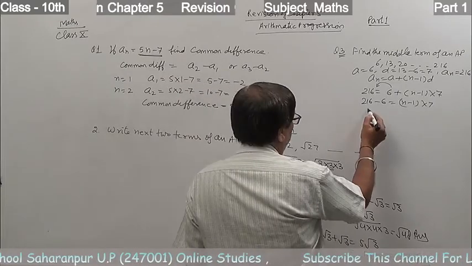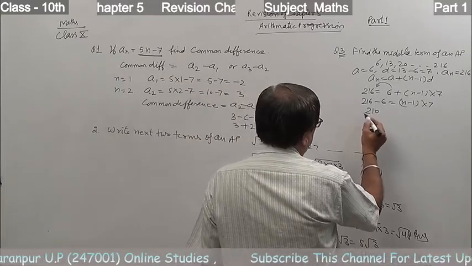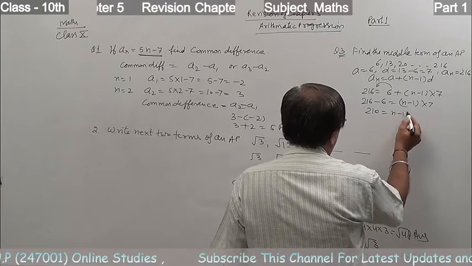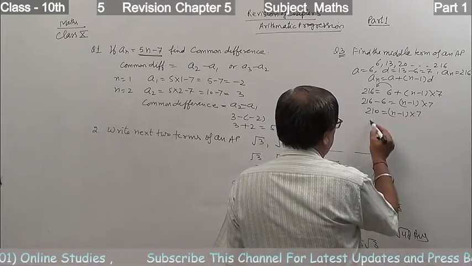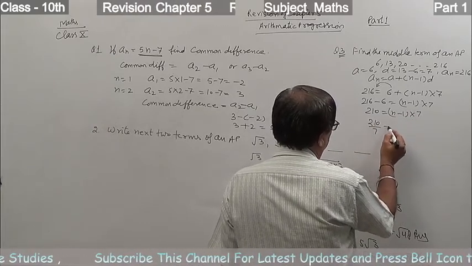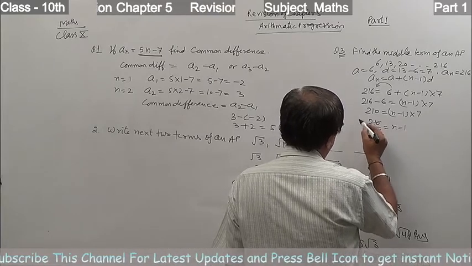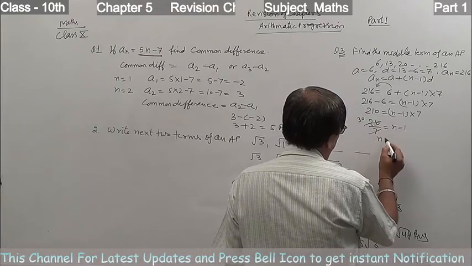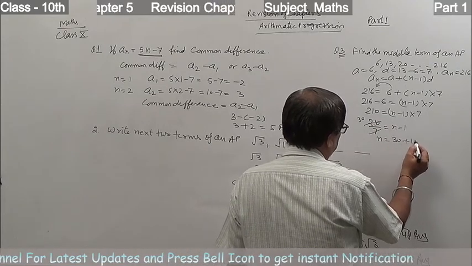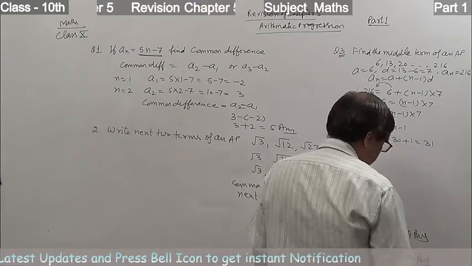So, 210 is equal to (n minus 1) into 7. 210 upon 7 is equal to n minus 1, so 30, and n is equal to 30 plus 1, that is 31.